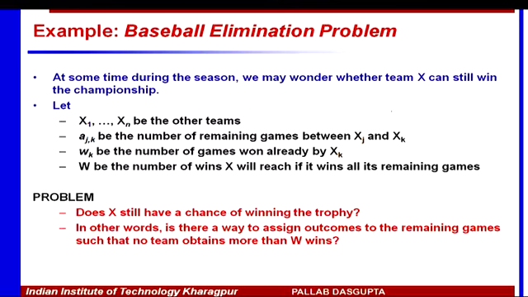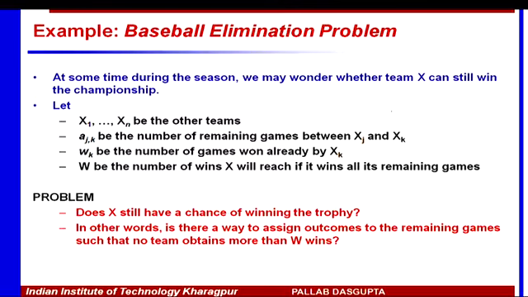So if it does so, then at the end of the tournament it will end up with W wins. So W actually includes the number of matches it has won plus the number of matches it still has left, right? That is the total W.